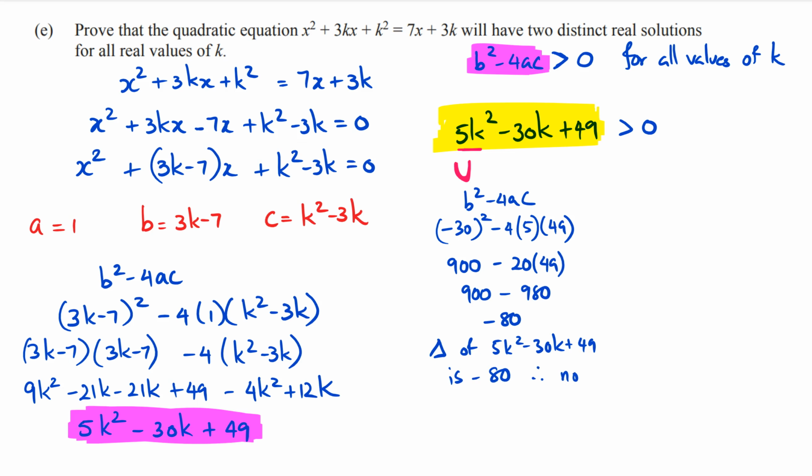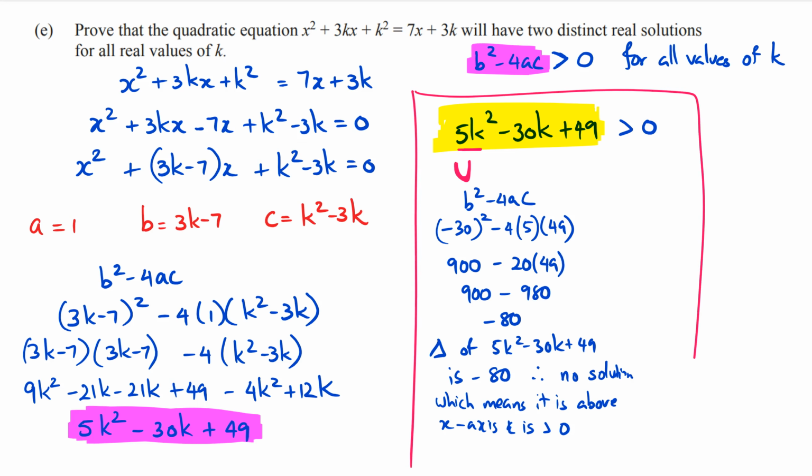Therefore, no solutions, which means it is above the x-axis and always greater than 0. So that's my thinking. I'm going to put this in a red box. If somebody wants to check that out, you can.